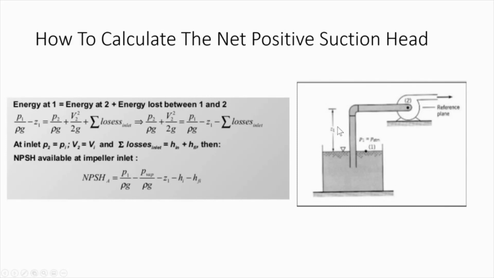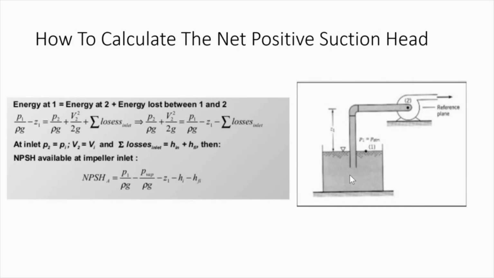So this height gives you the potential energy that's stored in a system. The higher a fluid is, or the higher a point is, the more potential energy it has. So you got your pressure, you got your potential energy, and the third one is your kinetic energy.